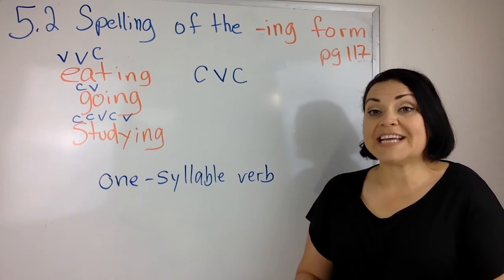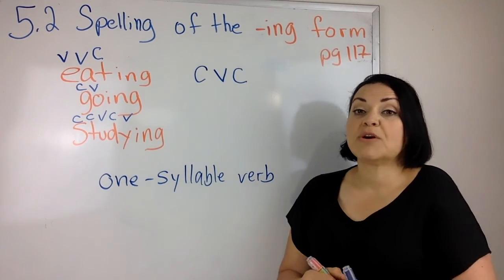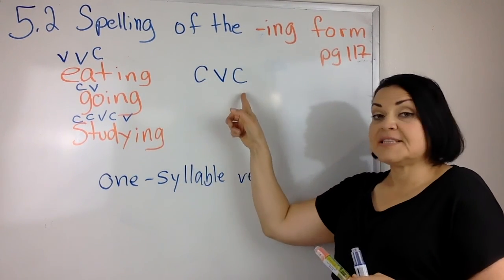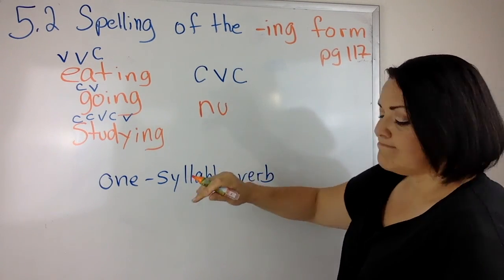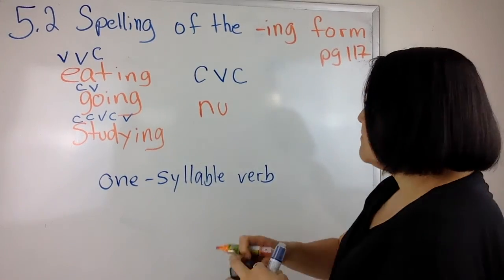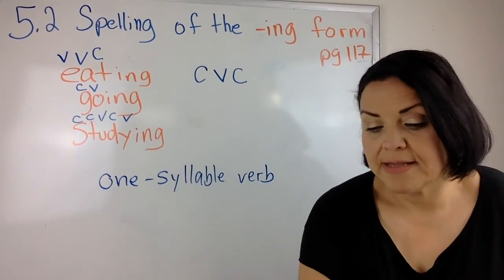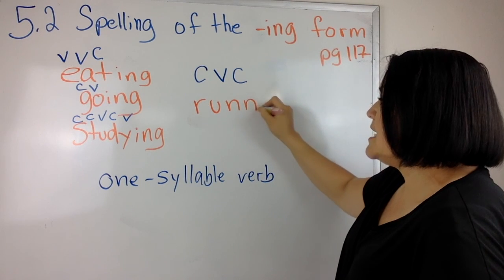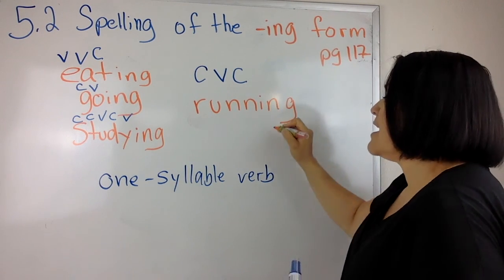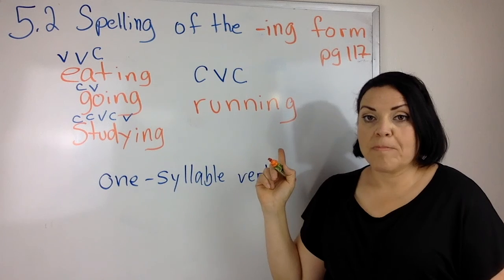So when we want to put ing, it would have to double the consonant at the end. So run would be running. I am running home.